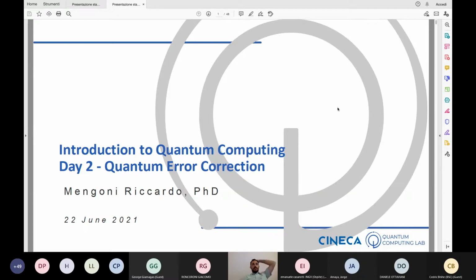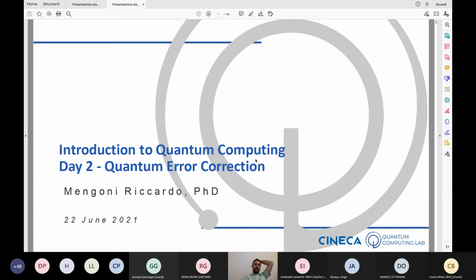So the problem here is that these algorithms need large-scale quantum computers. If you want to use quantum computing in the next 5-10 years, it's very unlikely that you are going to use this kind of algorithm that we have seen today.